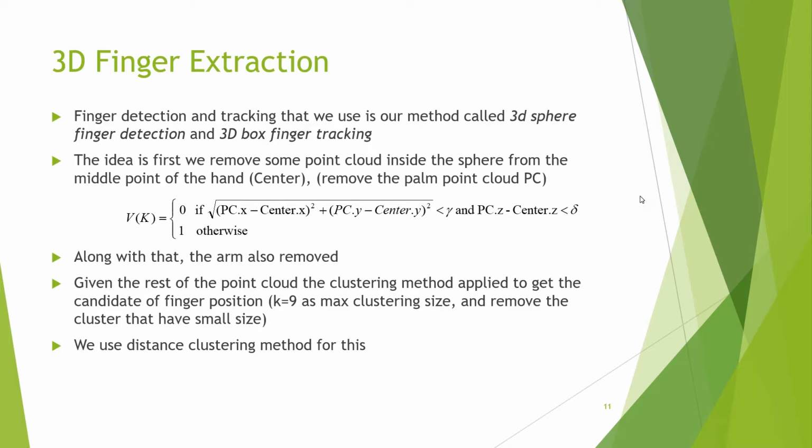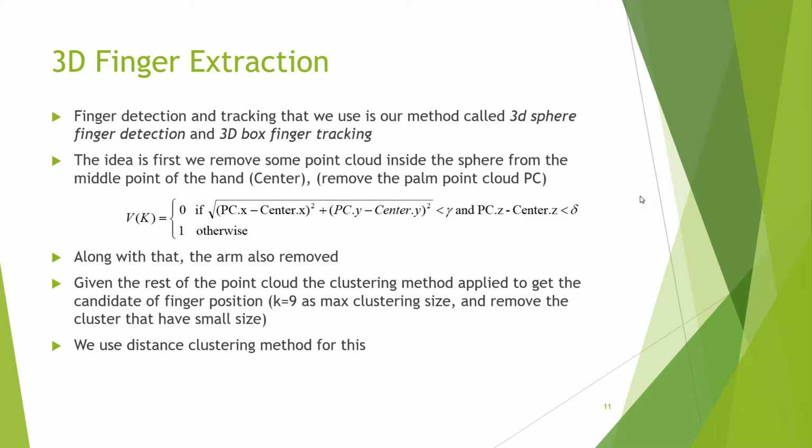For 3D finger extraction, we use our own method called 3D sphere finger detection and 3D box finger tracking. The idea is, first, we remove some point cloud inside the sphere from the palm point, or middle point, that we got from before.